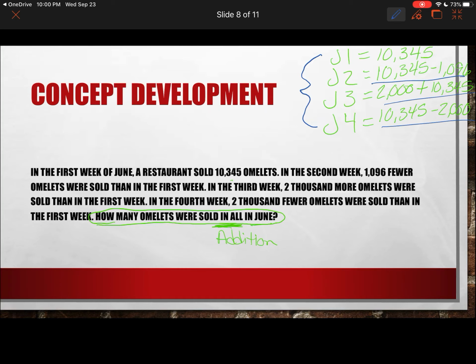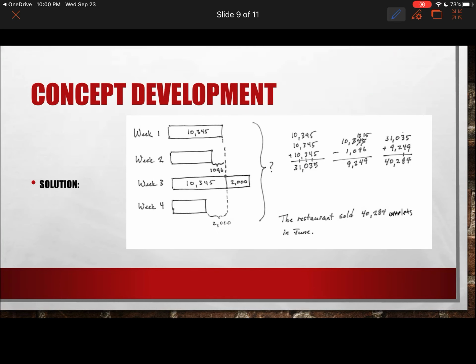All right, let's look at our solution. So you can see here that we have week 1, week 2, week 3, week 4 drawn with tape diagrams. And you can see that each time we had the 10,345, we added it together.